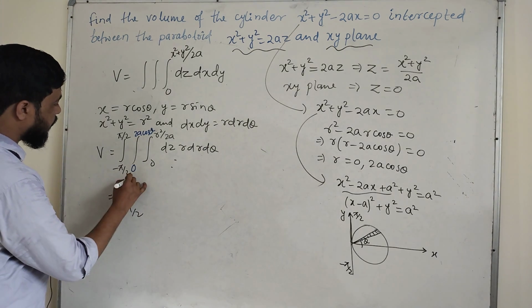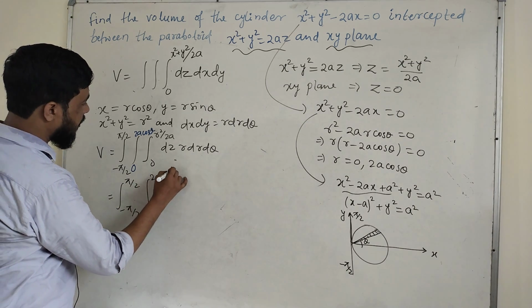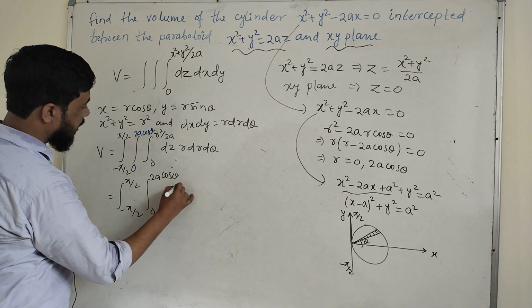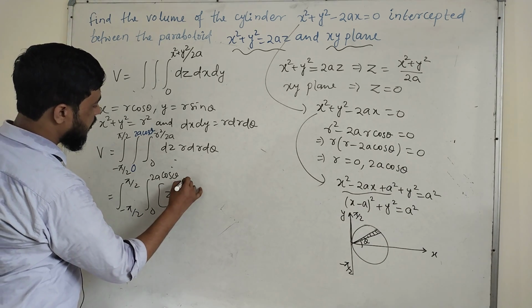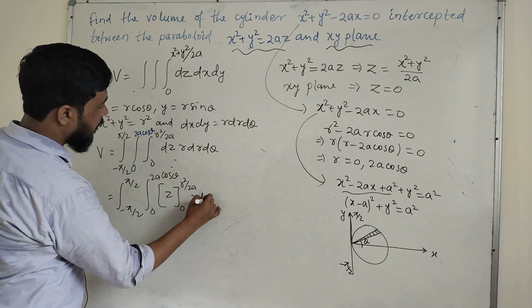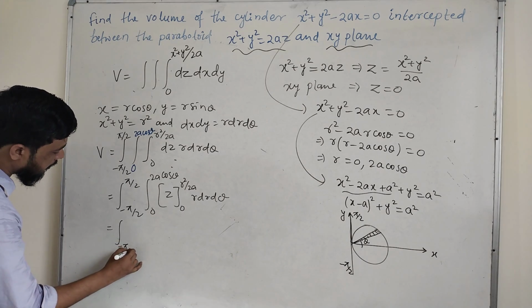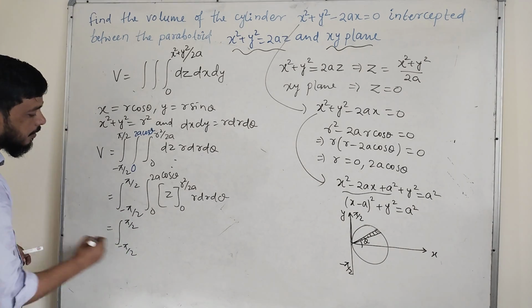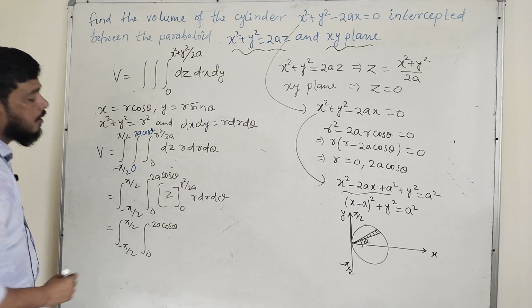Minus pi by 2 to pi by 2, 0 to 2a cos theta, integration of dz is z, lower limit is 0, upper limit is r square upon 2a, r dr d theta.